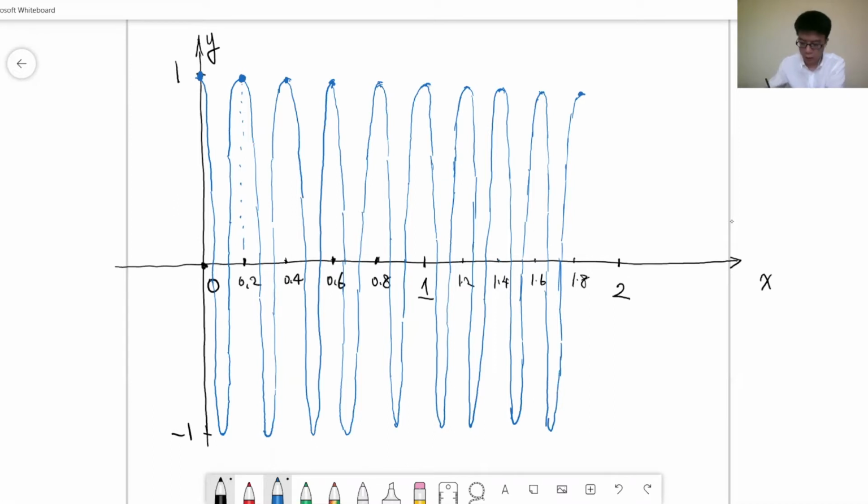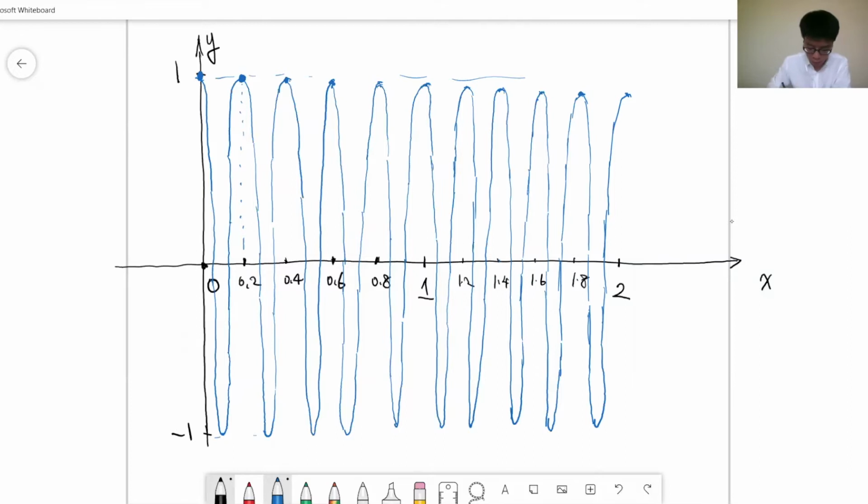Basically that's enough, but let me finish by ending at 2. This is the picture of cosine 10 pi x from 0 to 2. A lot of pieces, but this is just 1.